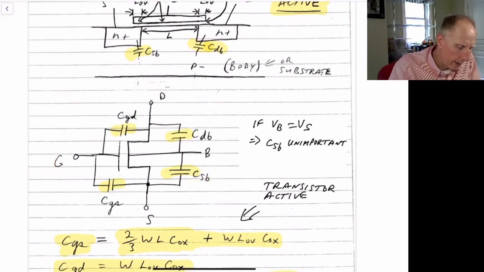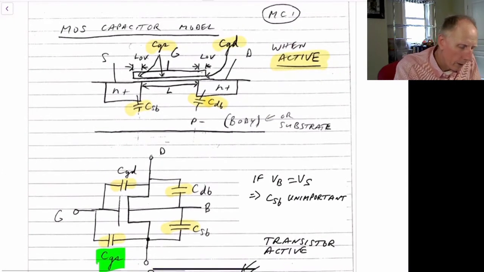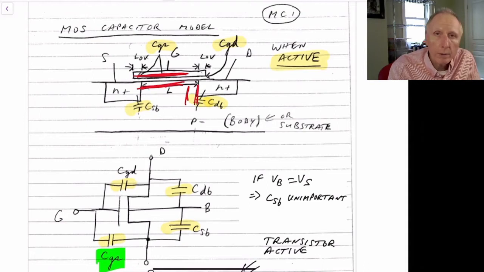So let's start off by looking at the gate to source capacitance. The gate to source capacitance is because we have the gate up here, and it's going to have a capacitance between that and the channel, which is underneath the gate. And remember, there's a pinch-off region that occurs somewhere here, where the drain is on the right-hand side and the source would be on the left-hand side.